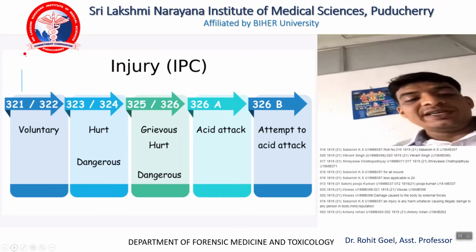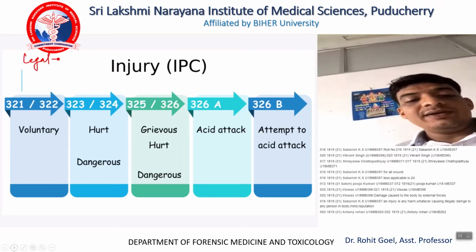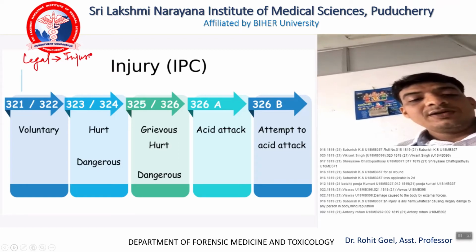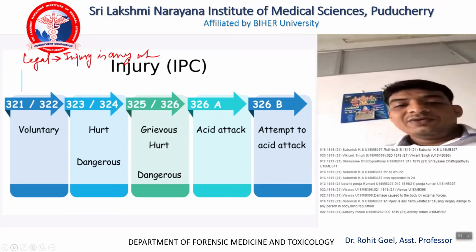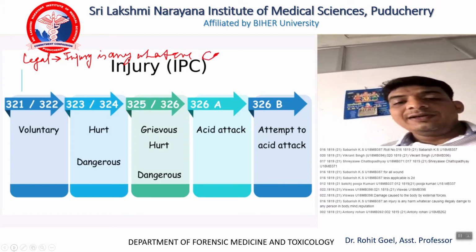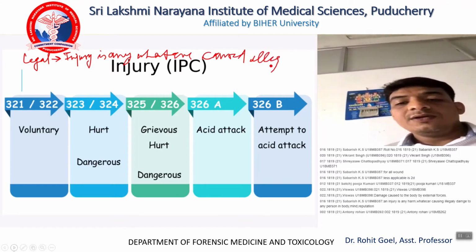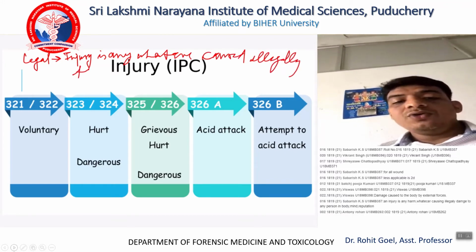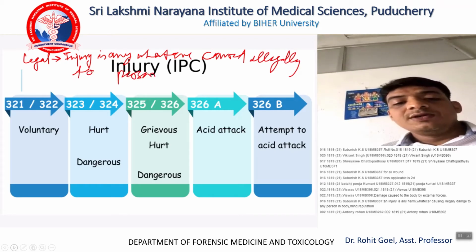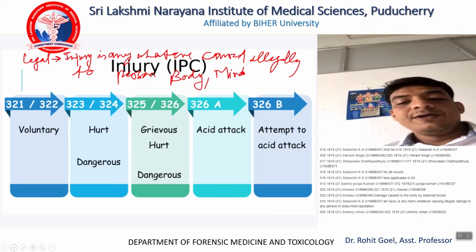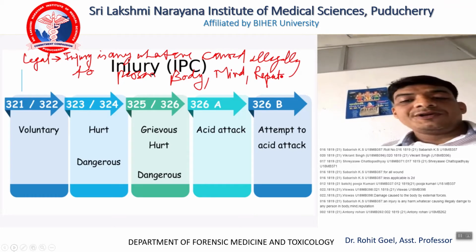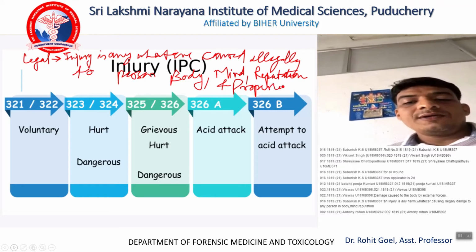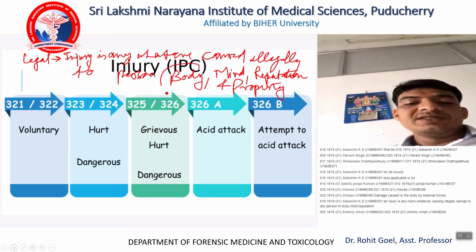Legal definition of injury says legally injury is any harm whatever caused illegally to a person's body, mind, reputation, and property. Remember this, there are four components in this.